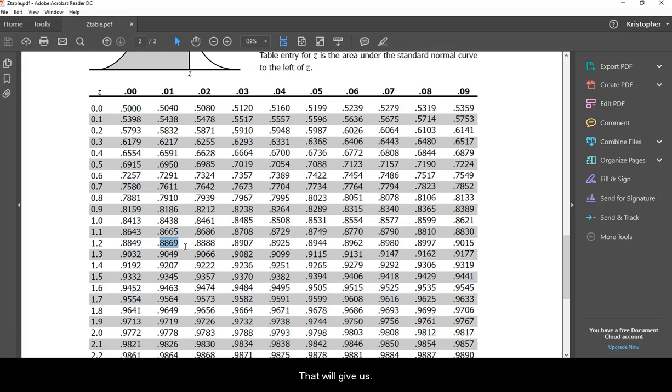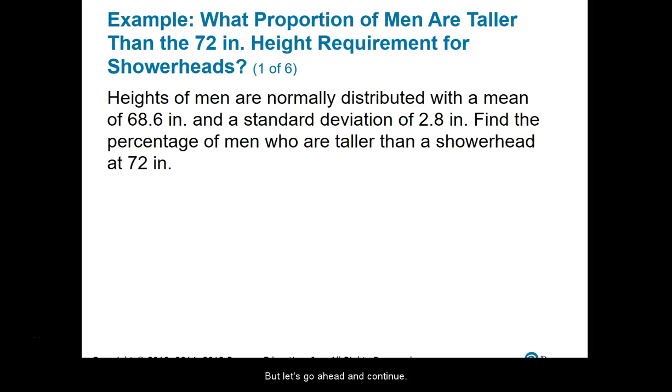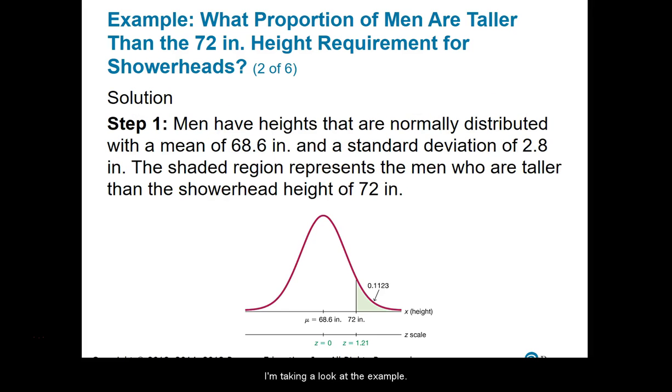That will give us 0.1131, exactly what we had. Alright, so they're doing 1 of 6, so we've already done it, so we are way ahead of them. But let's go ahead and continue on taking a look at their example, 0.1123.